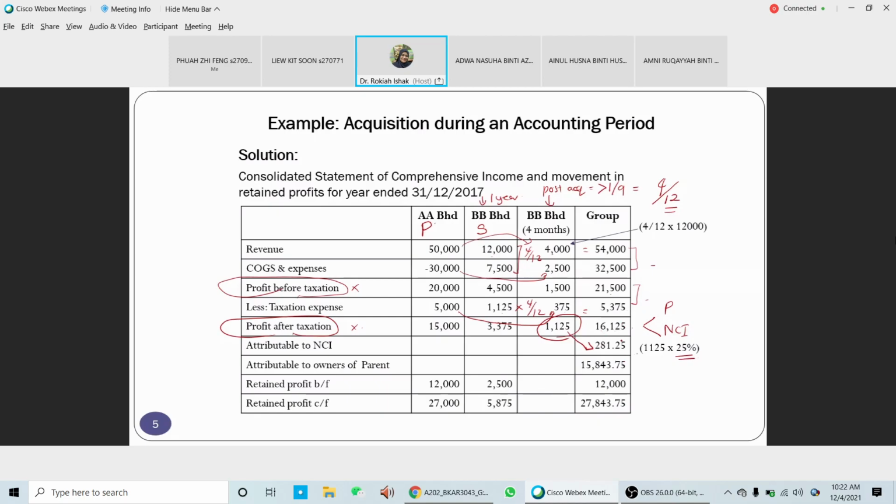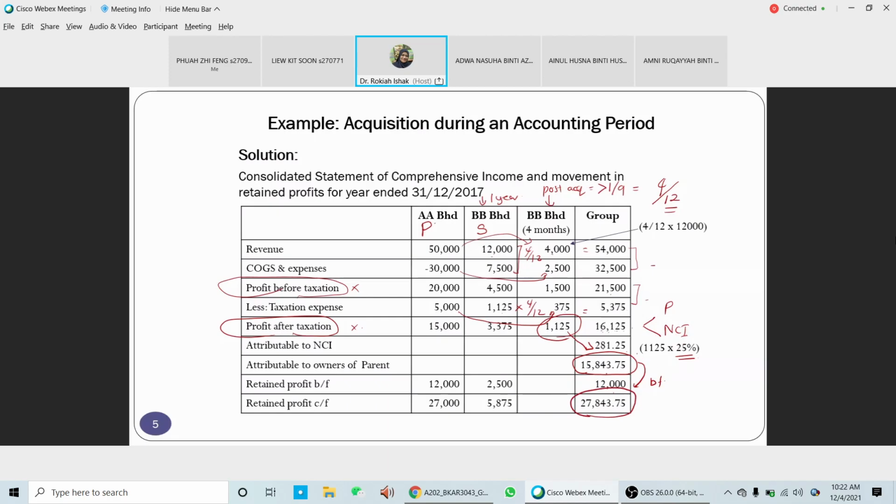And then the parent portion here is 16,125 minus this 2,8125. So this one is the allocation of profit to the parent. Okay, and then this amount is added to the beginning RE brought forward. So you're going to have the ending RE here of 27,843.